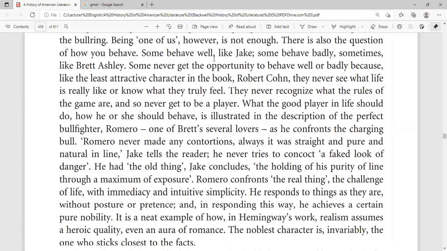Some characters behave well, like Jake. Some behave badly, like Brett Ashley. Some never get the opportunity to behave well or badly because, like the least attractive character in the book, Robert Cohn, they never see what life is really like or know what they truly feel.